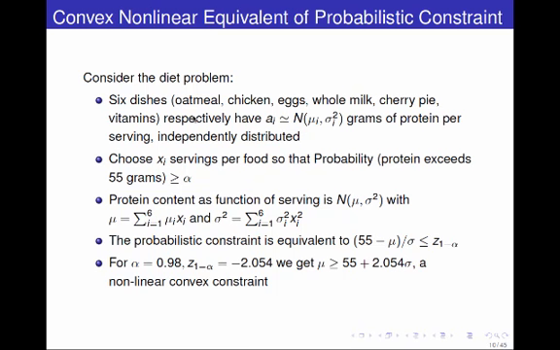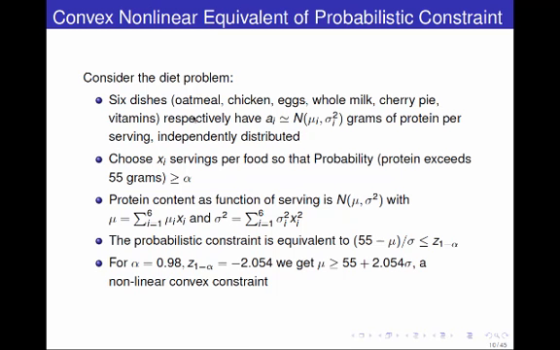So then when we're calculating the total protein content over all of the foods that we buy, assuming that the protein contents are independent, which is quite a reasonable assumption, we get to express the total protein content as a Gaussian random variable.